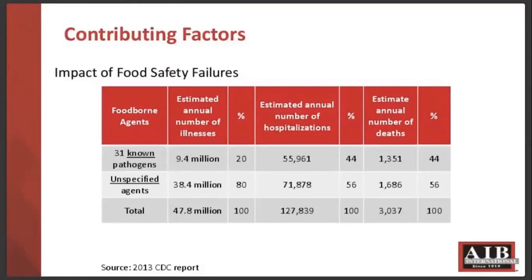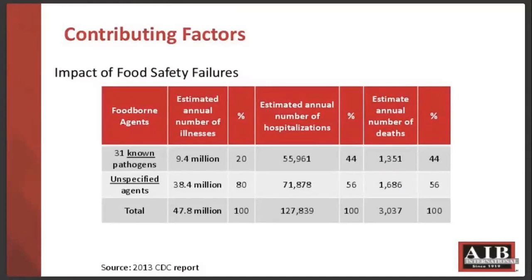We've got 9.4 million estimated illnesses from those 31 known pathogens, that's 20%. 55,000 hospitalized, and 1,300 deaths, just for those known pathogens. Don't forget, those known pathogens include salmonella, listeria, E. coli, Listeria monocytogenes.